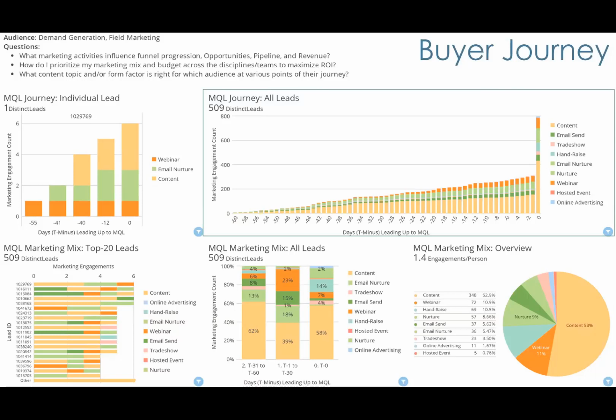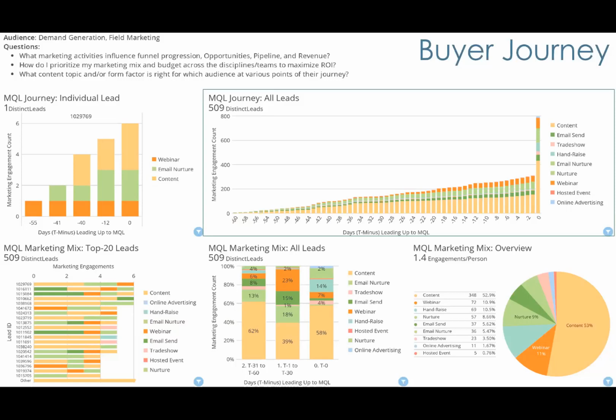Even just looking at this chart, which admittedly is a bit of an eye chart, you can start seeing some patterns emerge, such as, for example, a lot of people are hitting MQL on that last day. Why? Because, like many other companies, this data set has a hand raiser lead scoring mechanism, right?